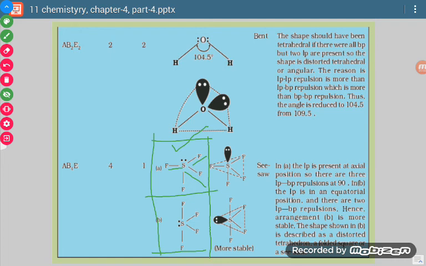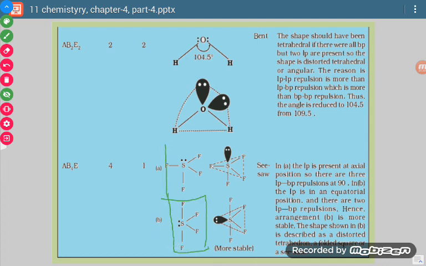But if we take the second structure, then the bond pairs are at the maximum distance, and in this case repulsive force will be less. In the first case there are more repulsive forces, so it will be less stable. In this case there are fewer repulsive forces, so this will be more stable.